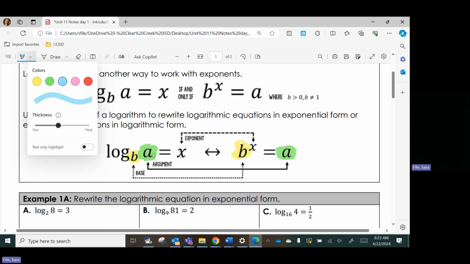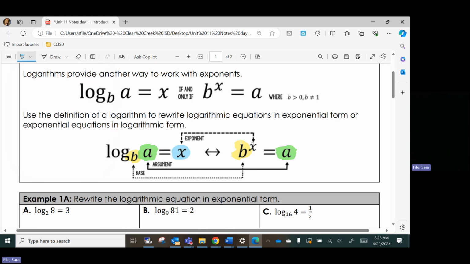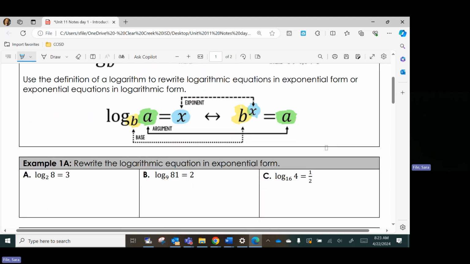And then what the log is equivalent to, that is the exponent. Because we said a logarithm is an exponent, right?